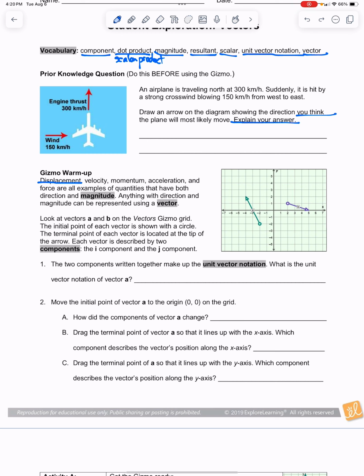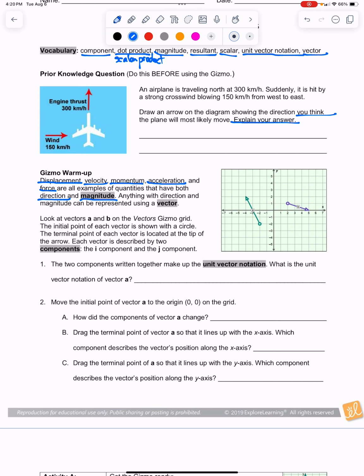Displacement, which is a change in position. Velocity, that's how fast you're going. Momentum, that's the quantity of your motion. Acceleration, that's the change in velocity. And forces, pushes or pulls, are all examples of quantities that have both direction and magnitude. Direction being which way you point.